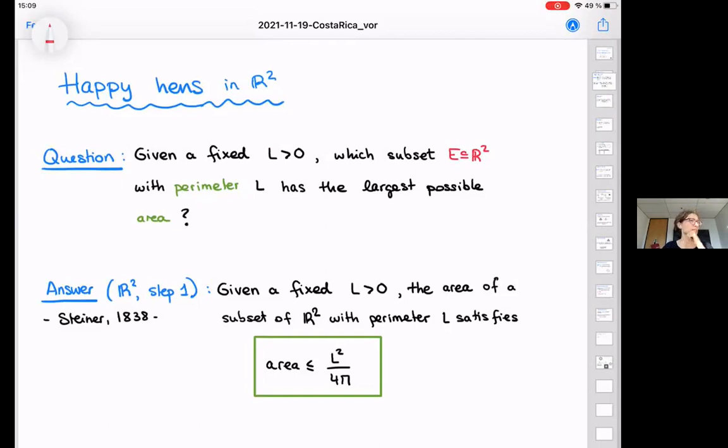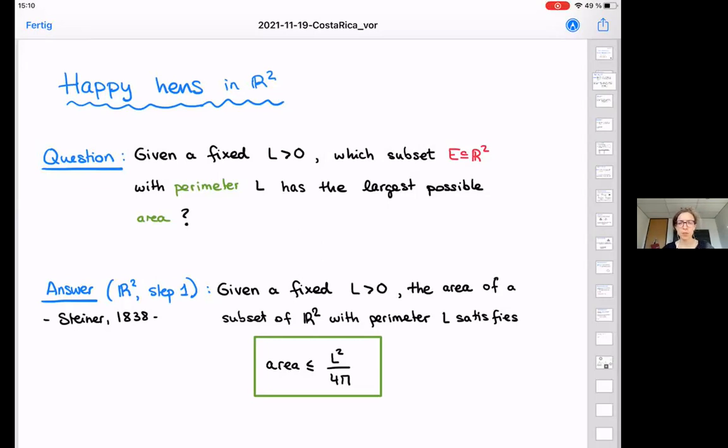So the answer to this has actually two parts in some sense. The first part, this is step one, was given by Steiner in 1838. What he discovered is that if we have this fixed length and we take any set that's sort of nice, we will talk about what nice is later, and has this perimeter L, then if we look at the area, this area is going to be at most L squared divided by 4 pi.